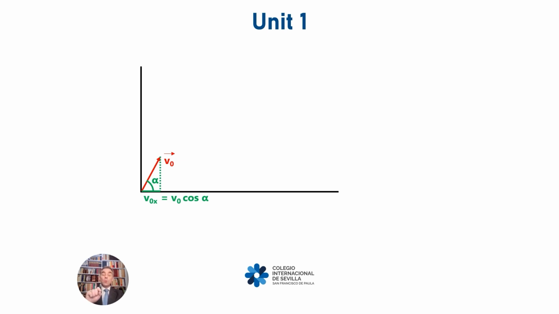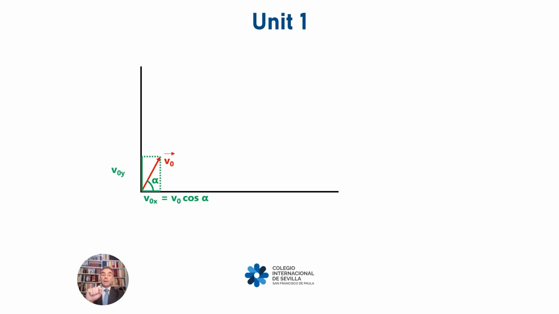Now we draw another dotted line from the end of the arrow upon the vertical axis, the y-axis, and we obtain the y component of the initial velocity. We call that V0y.